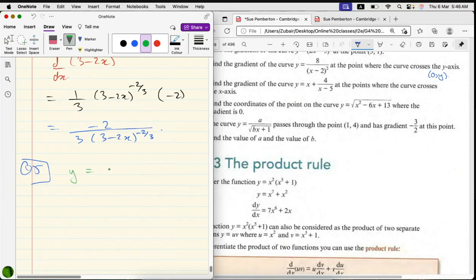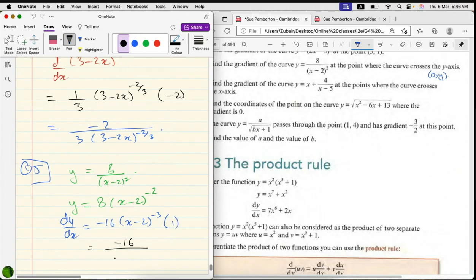y is equal to 8 over (x minus 2) squared. y is equal to 8 into (x minus 2) to the power minus 2. So dy by dx is minus 16 (x minus 2) to the power minus 3 into 1, which is minus 16 over (x minus 2) cubed.